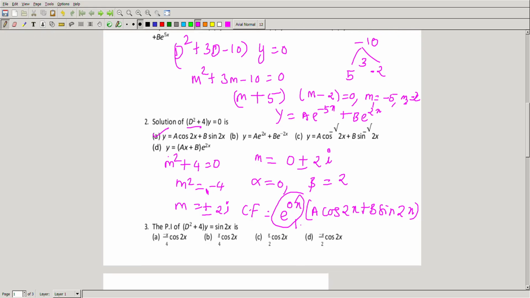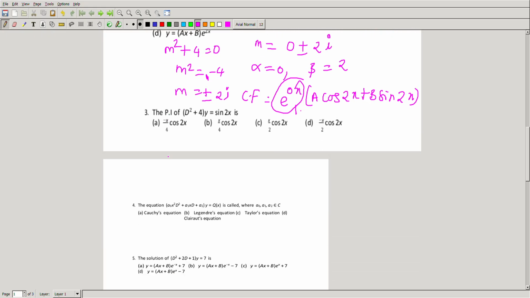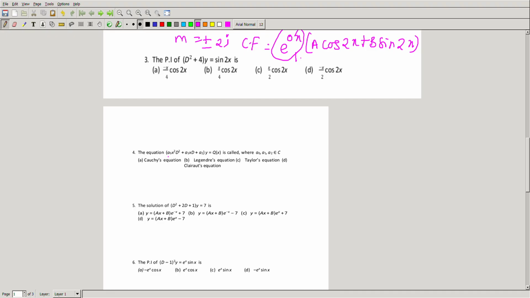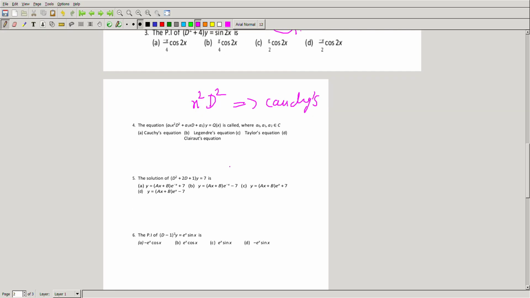Okay. And this one we will check later. And this one is also important. See this equation: if before D square it is multiplied with x square, it is Cauchy. Okay, don't forget.